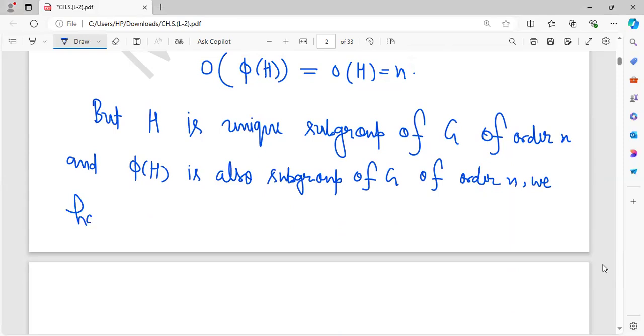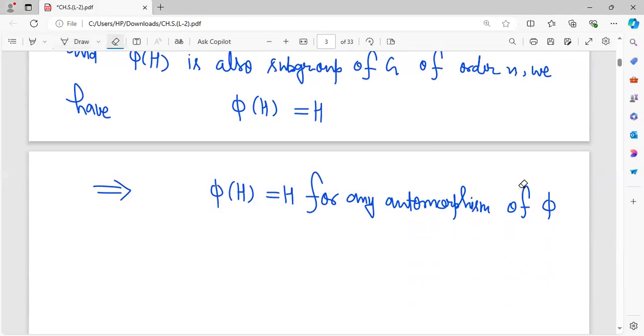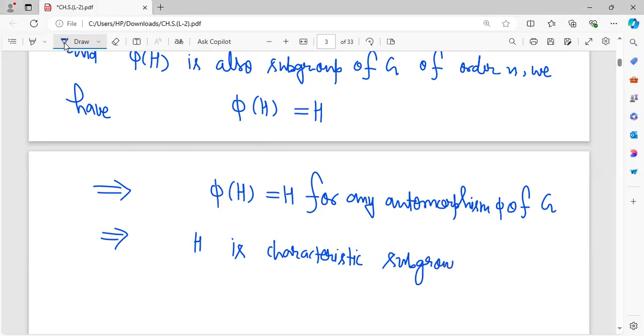We have phi(H) is equal to H. So this implies phi(H) is equal to H for any isomorphism phi of G. So this implies H is a characteristic subgroup of G. So today's lecture is up to this.